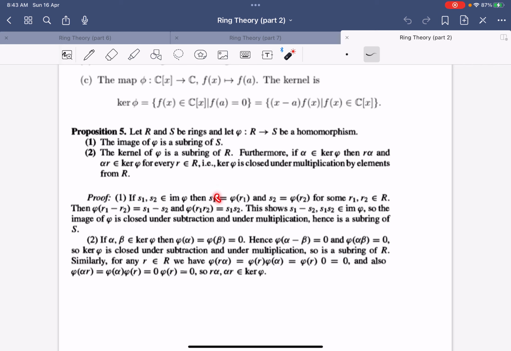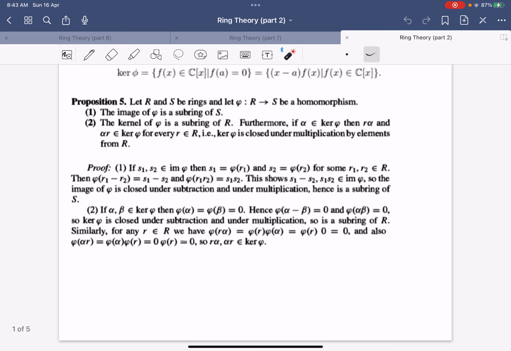So S1 equals phi of R1 and S2 equals phi of R2 for some R1 and R2 in R. Then we take phi of R1 minus R2 and we see it is just S1 minus S2, because it's a ring homomorphism. Similarly for multiplication. And this shows both of them will still be in the image. So it's closed under subtraction and under multiplication, and we are done.